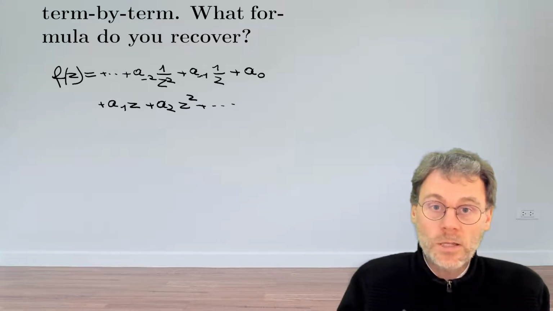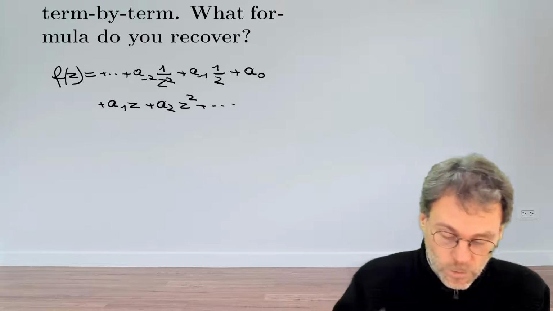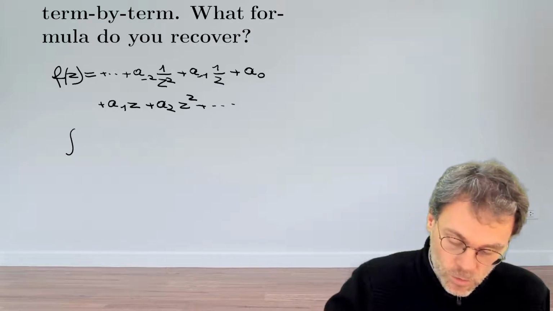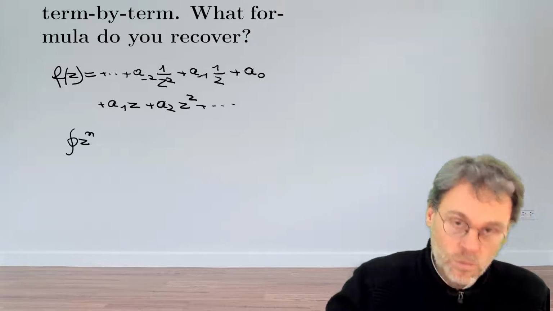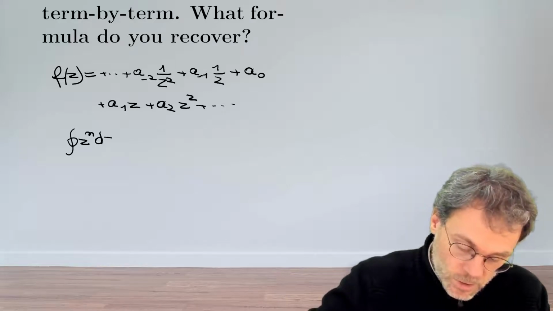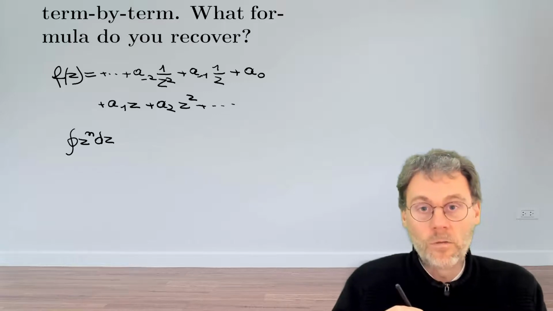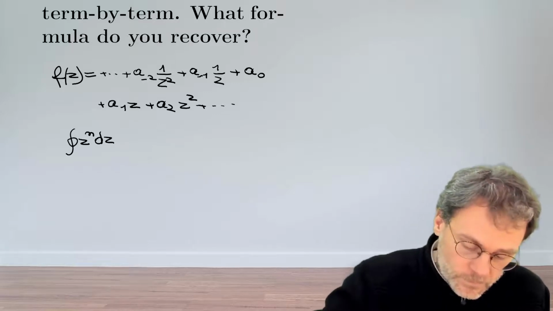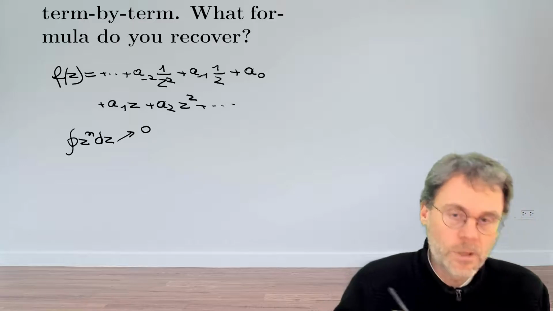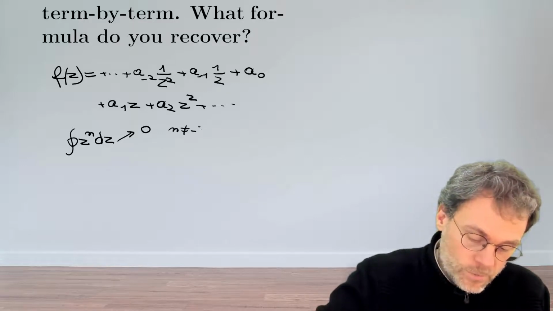Let's now integrate this series term by term, and let's fall back on something that we already know. One of the first things we did when we introduced contour integration is we looked at this particular integral here, the integral on a contour around the origin of a certain power of z. We figured out that most of the time this is 0 when n was different from minus 1.